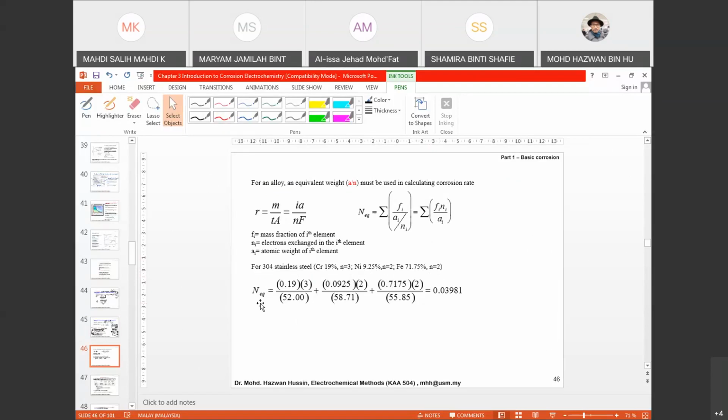Then you need to find the equivalent fraction, the mass fraction values, which equals this.